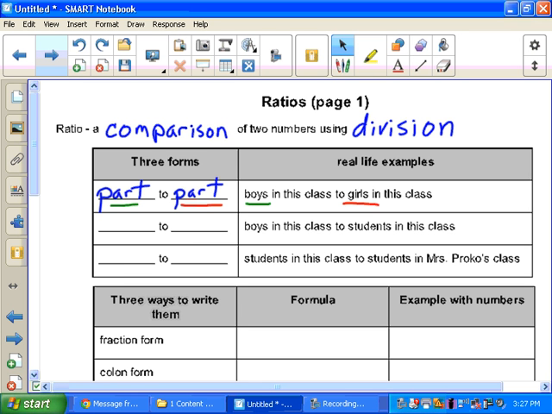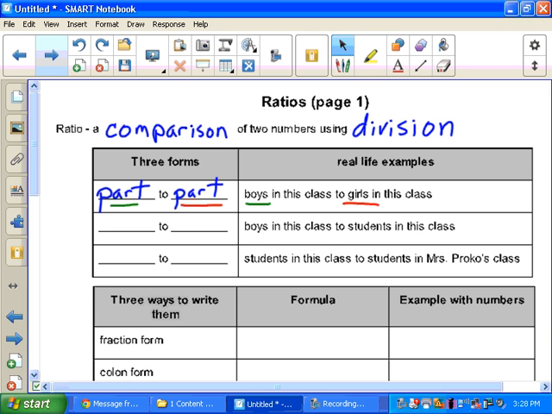The two parts don't have to add up to the whole, though. We could talk about comparing the part of the class that has shorts on to the part of the class that has pants on. That may leave out anyone in the room that is wearing capris, leggings, or skirts.